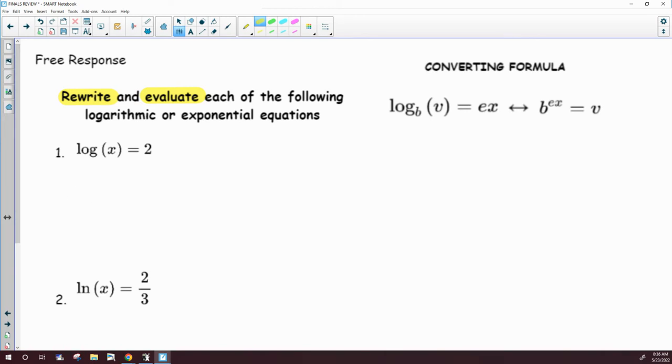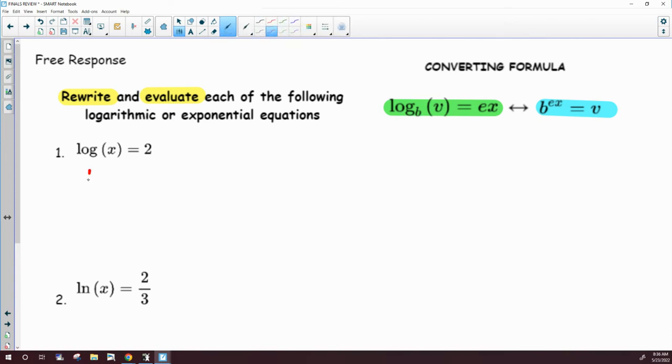So we are going to write our log as an exponent. Right now it's in this form. We need to write it in the opposite form. This is logarithmic. This is exponential. Right now this is in log, right? It's got a log. So first we're going to do is label our parts, our base, our value, and our exponent.